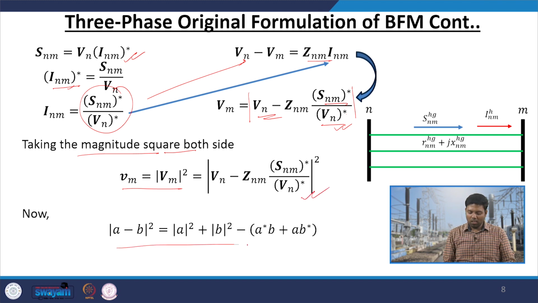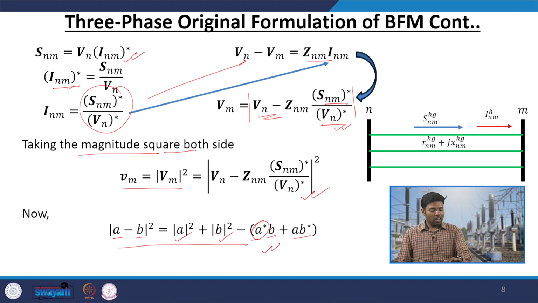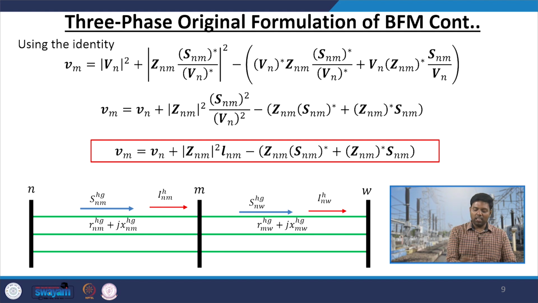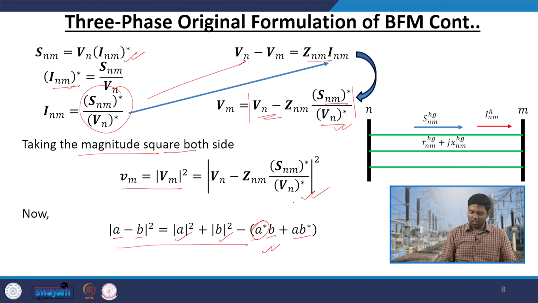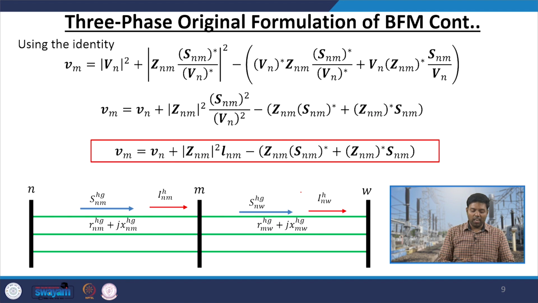We know the complex number identity, which says if A and B are complex numbers and you take the magnitude square, then you will get mod A square plus mod B square minus A complex conjugate of B plus A B complex conjugate. That is the complex number identity we all know. If we use that identity here and expand this equation, then we get V m square equals V n square, that is the first term, the A square.